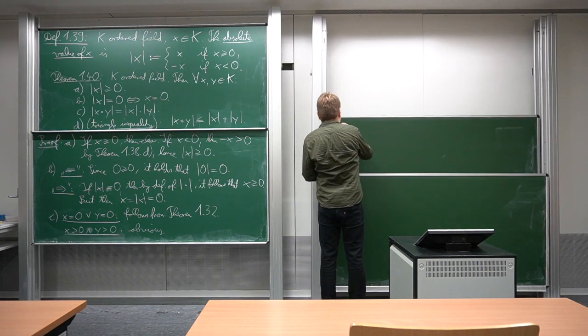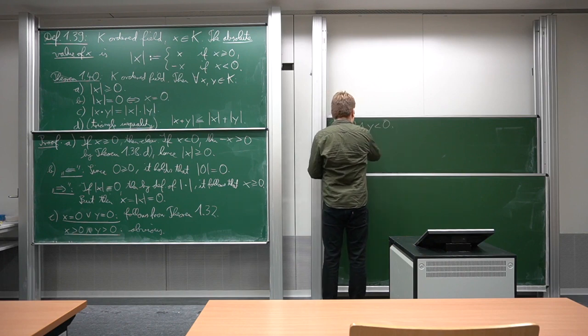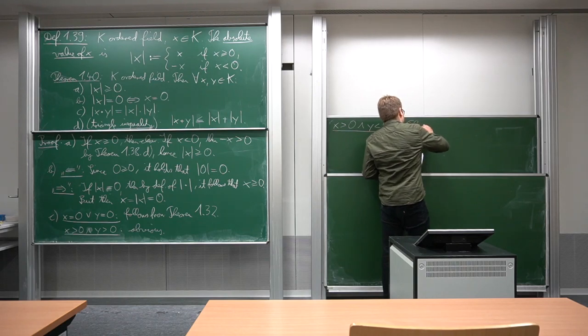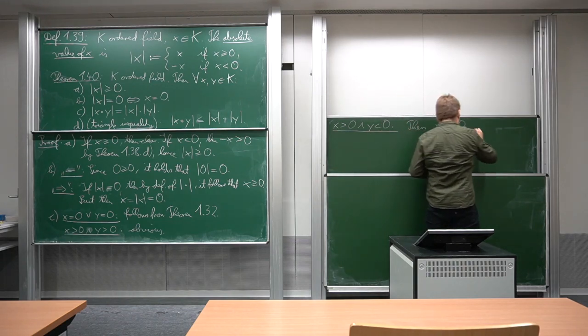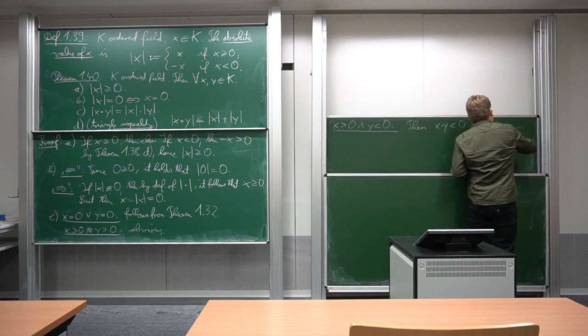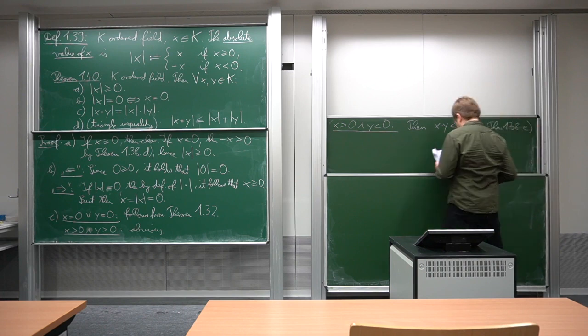So if x is positive and y is negative, then the previous theorem about orderings would show that the product x times y is again negative. This is by theorem 138.e.